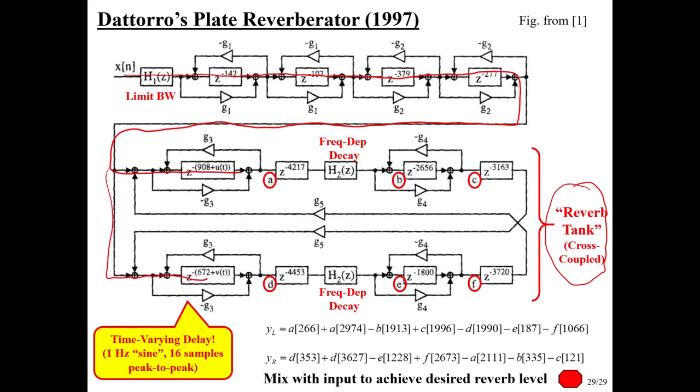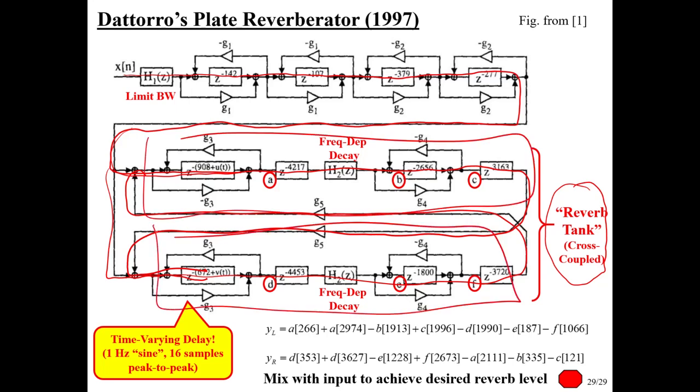And what happens? The part that goes through here comes out and gets cross-coupled back into the other one. And the thing that comes out of here gets cross-coupled back into there. Interesting. So that's kind of bouncing sound back and forth between these two individual substructures.